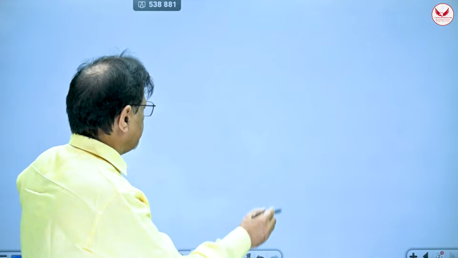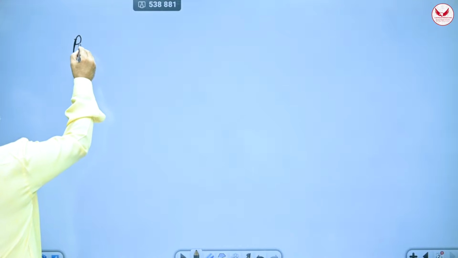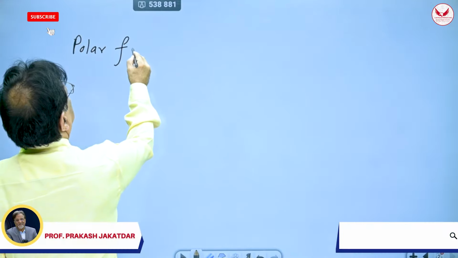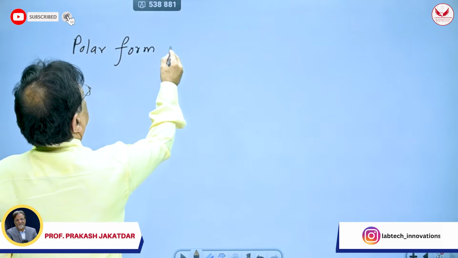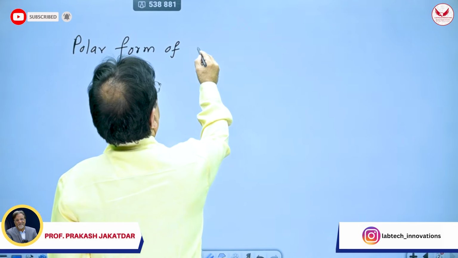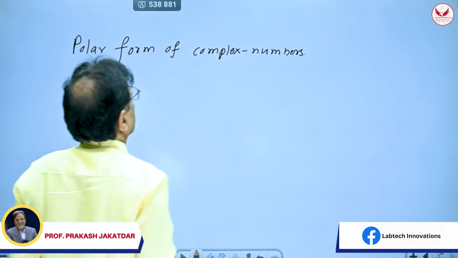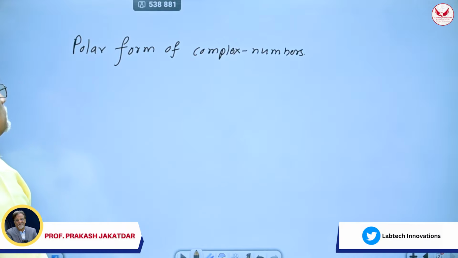So I want to introduce one more concept called polar form of complex number. Polar form of complex numbers. What does that mean?